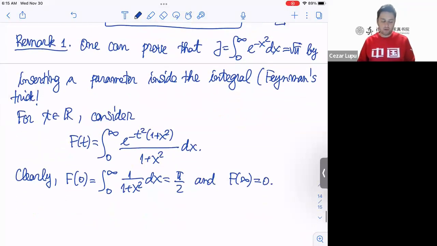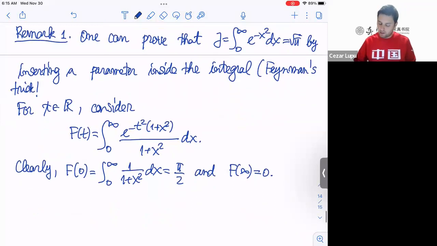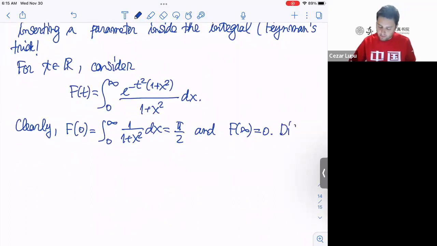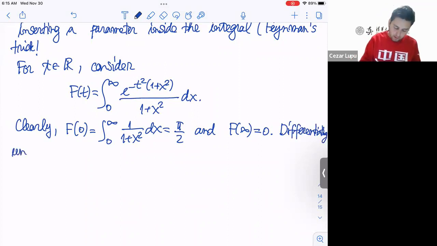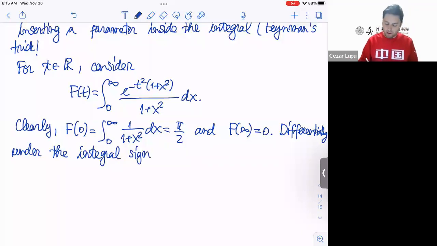So now what we're going to do is differentiate under the integral sign. So f prime of t is the integral, and keep in mind we differentiate with respect to t.